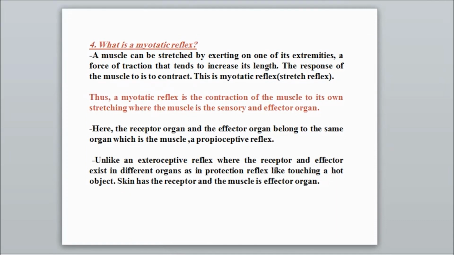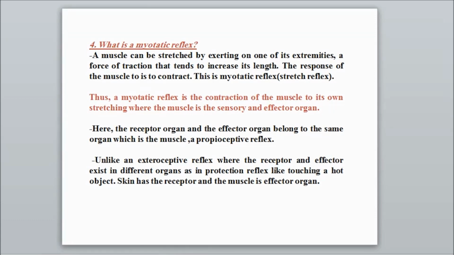This is what we call a myotatic reflex. So when a muscle is stretched due to a certain force, its length is going to increase. The muscle is going to respond by contracting. This is also referred to as a stretch reflex.